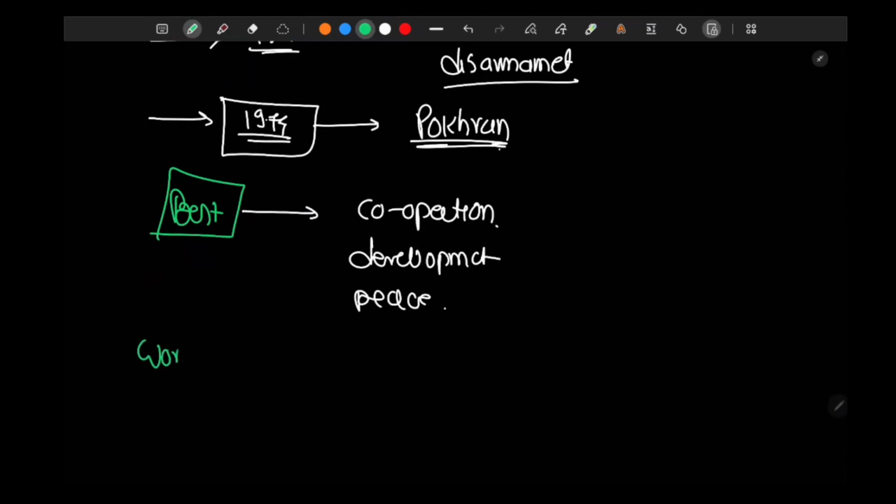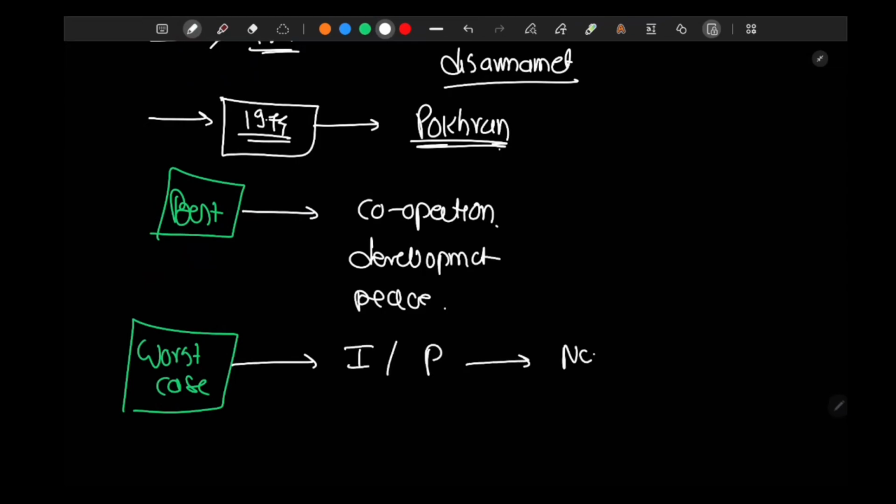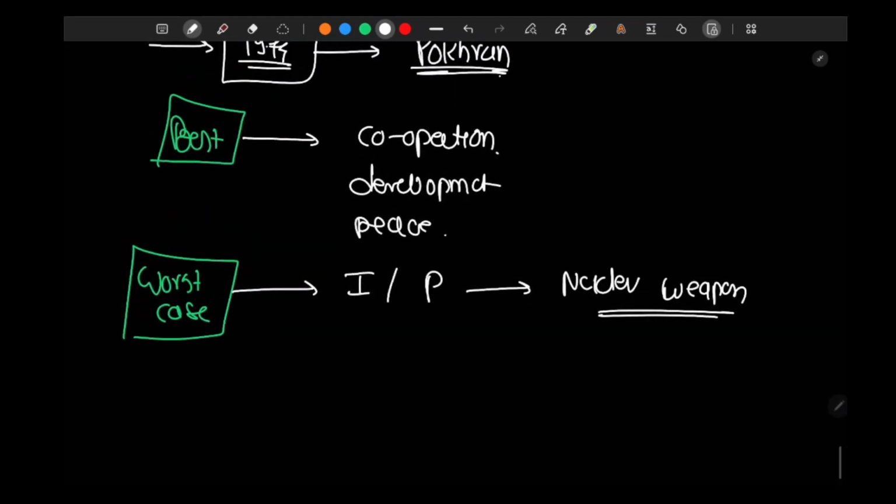What is the worst case scenario? The worst case scenario is that India or Pakistan develops nuclear weapons first. India develops nuclear weapons first. Pakistan is at a loss. It has fear.